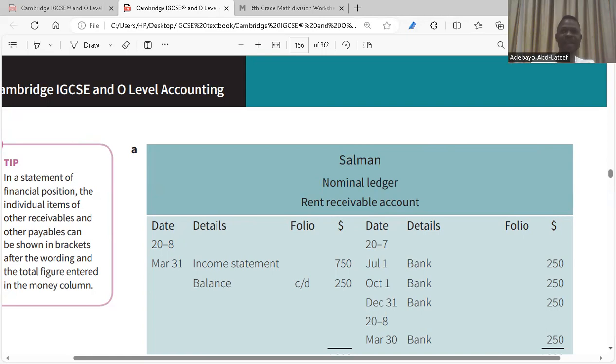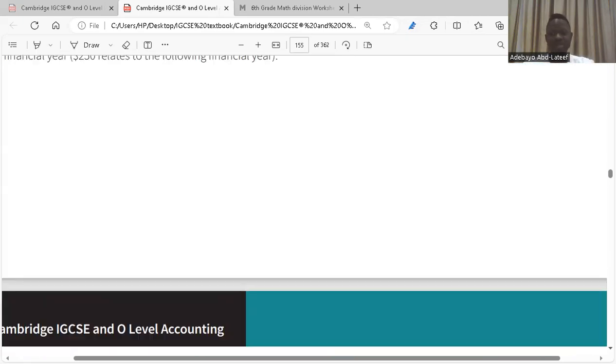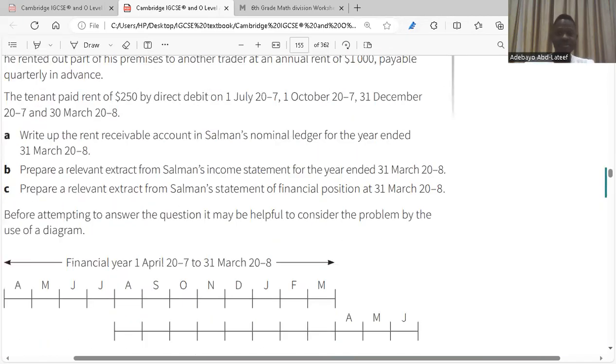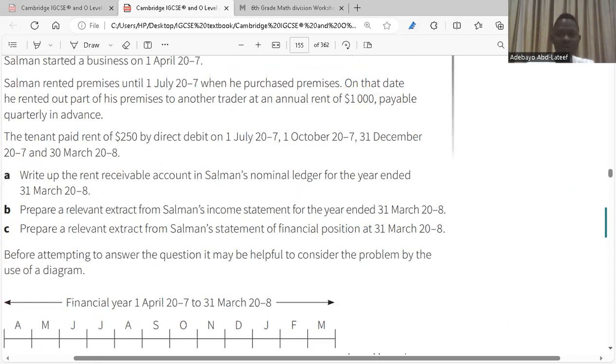I think the financial year will be a year. Yeah, it's a year. But they said 1,000 a year. So the income statement will be 1,000. It can't be 1,000, because he paid in advance. Payable quarterly in advance. It's 1,000. 1, 2, 3, 4.